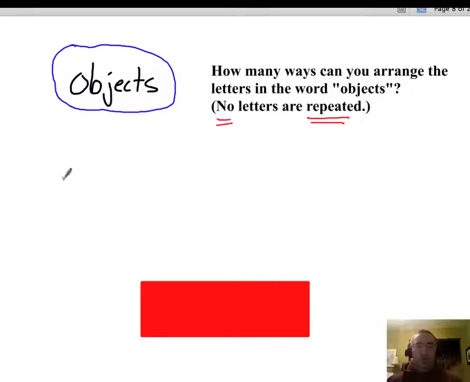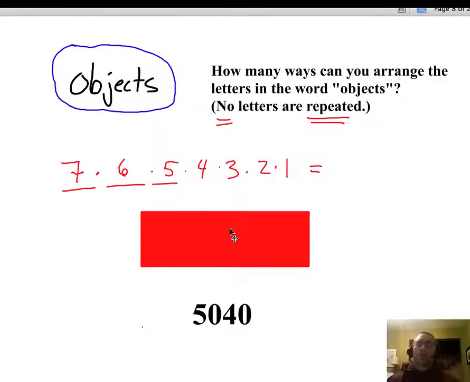So if we think about it, we would have 7 letters to choose from first, then 6, 5, and so on. 4, 3, times 2, times 1. And when I multiply those together, I get 5,040. Two great examples for you. Hopefully you got those down.